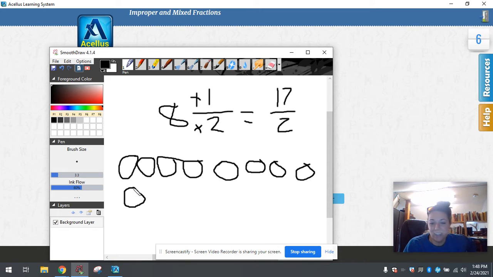We're going to pretend these are all the same size. Use your imagination. We're going to cut each of them in half, because my denominator tells me how many pieces the whole is broken into. So my whole pizza is broken into 2 pieces.